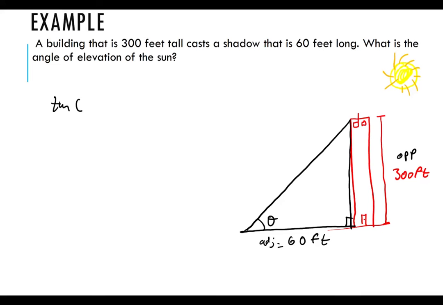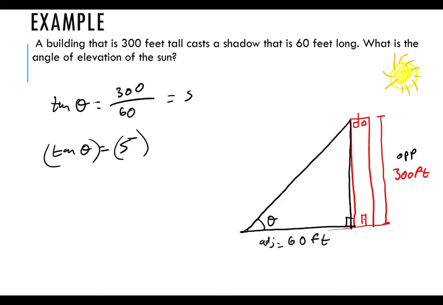And so tangent of theta is going to be equal to 300 divided by 60. You could reduce the 300 divided by 60 if you so desire. That's really 5, right? So tangent of theta is equal to 5, but if I'm trying to find that angle theta, that's going to be tangent inverse of both sides, where theta is equal to tangent inverse of 5.